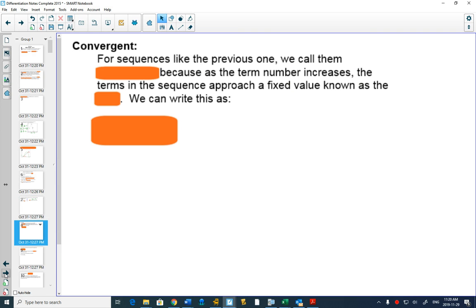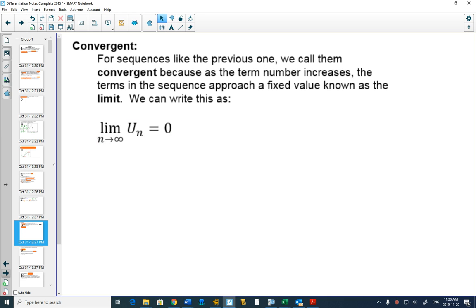Now we call sequences that approach a certain number convergent, because as each term increases, the sequence gets closer and closer to a value, and that value is called a limit. Here is what the notation looks like in this example.